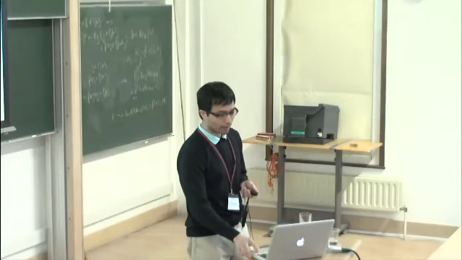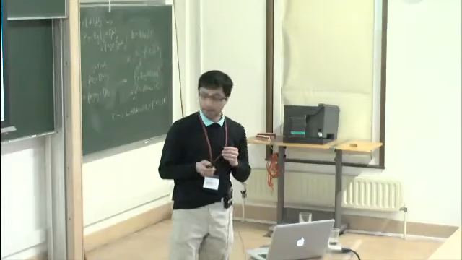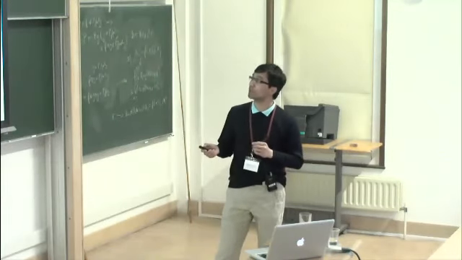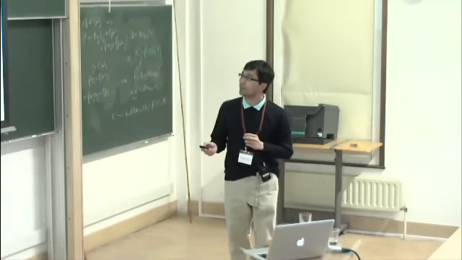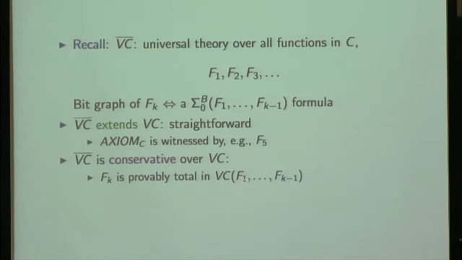Now to show that it is conservative over VC, we use an inductive argument. We want to show that the next symbol is provably total in the theory VC extended by adding the earlier symbols. This will be enough to show that at the end we have a conservative extension.